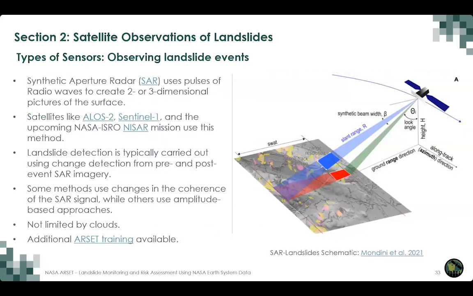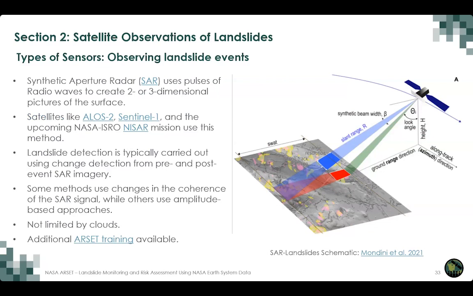As I mentioned, landslides often occur as a result of rainfall and may therefore be imaged using optical data that may be impacted by clouds. And so we can also use a different type of data called SAR, or synthetic aperture radar. This uses pulses of radio waves to create 2- or 3-dimensional surface images.